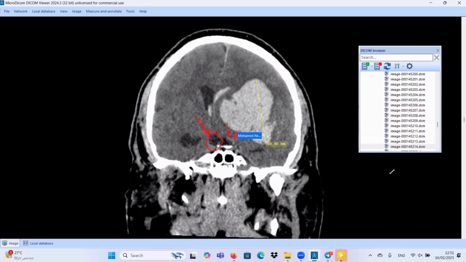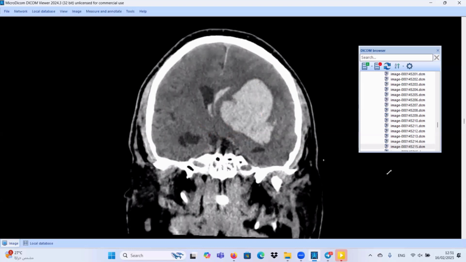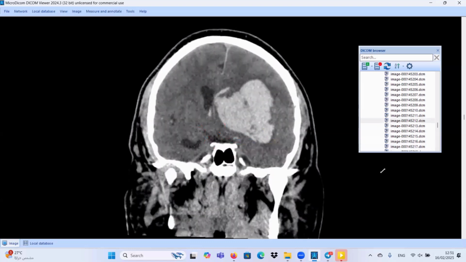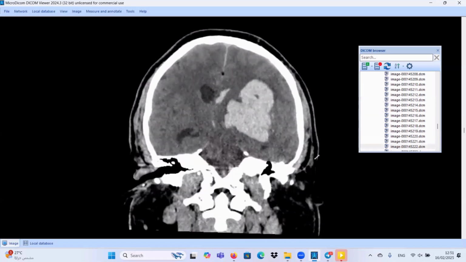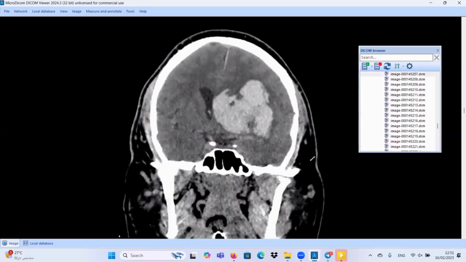This is the central brain herniation. It is a form of the descending transtentorial brain herniation. So we have suspicion of brain herniation across the left tentorium cerebelli. We have a suspicion of brain herniation, one of the red flags.